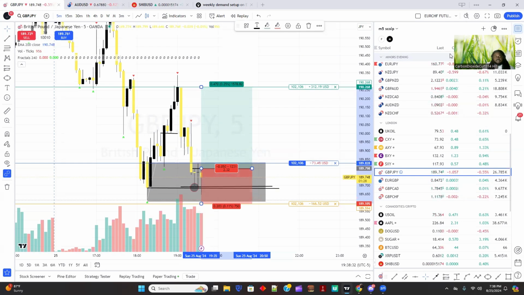Well, this candle is about to close in 2 minutes. Candle about to close in literally 2 minutes. Let's see what happens. Oh, I didn't even put my TP in.